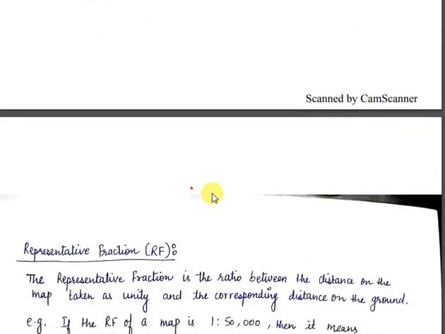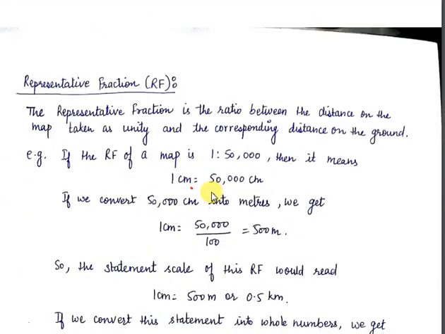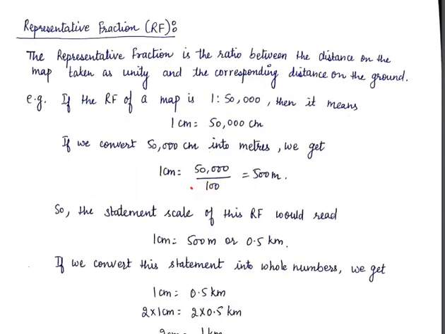Now the next one is the representative fraction, or RF. Representative fraction is the ratio between the distance on the map taken as unity and the corresponding distance on the ground. For example, if the RF of a map is 1:50,000, these are given within the maps. When you read the topo sheet, it will be there. So what do we mean by the RF value of a map?